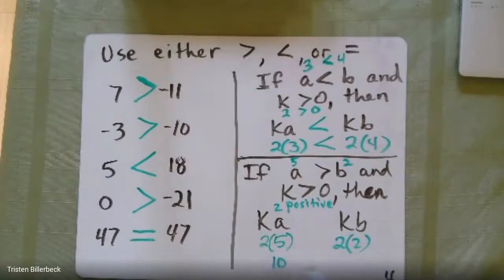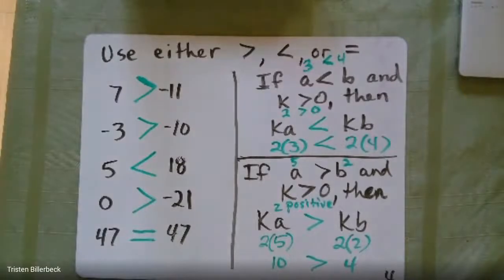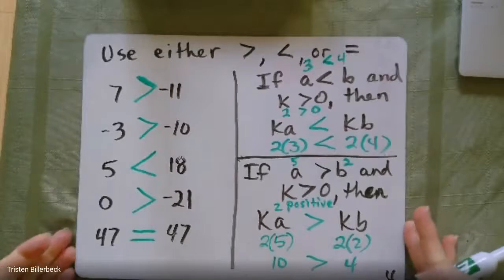So we have 10 and we have 4. 10 is definitely greater than 4, so KA would be greater than KB. So there are workarounds when you're dealing with variables and you're like, oh no, Miss B, that's a little too much for me. Well, just use some workarounds so it's not so scary, okay?